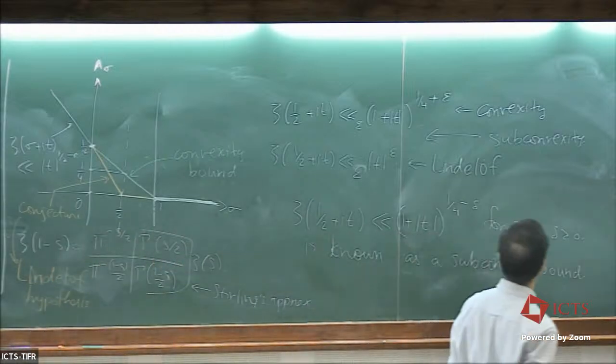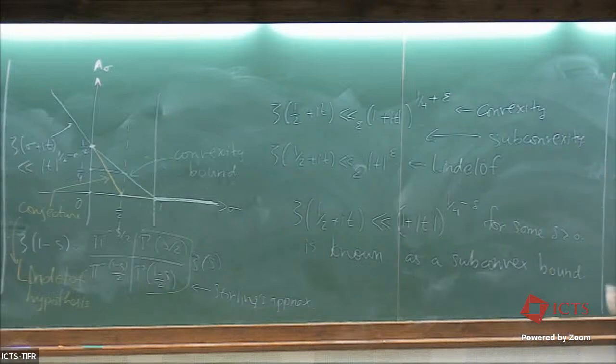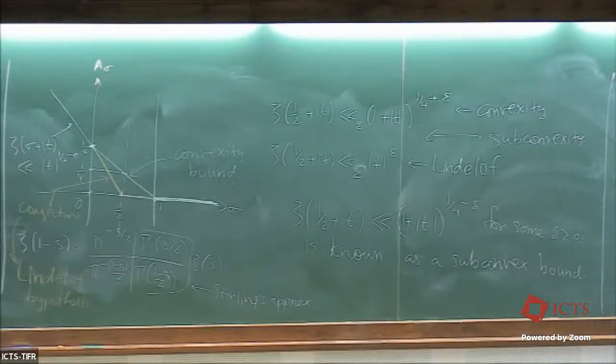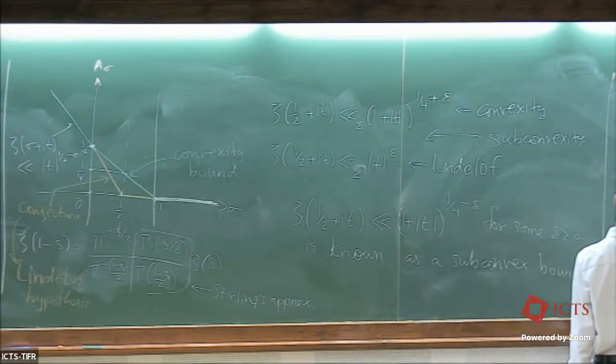So you can use similar principles actually, and also get a convexity bound, not just in the t aspect, but also in what's known as a level aspect. So what you can do is you can look at Dirichlet characters of, say, level q, and then you can say that q goes to infinity. And you look at the L-function.